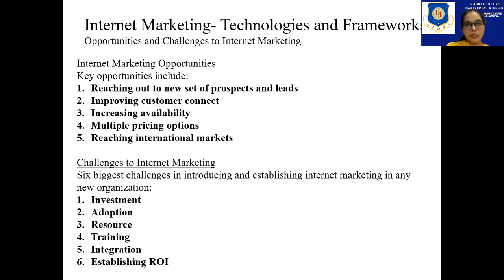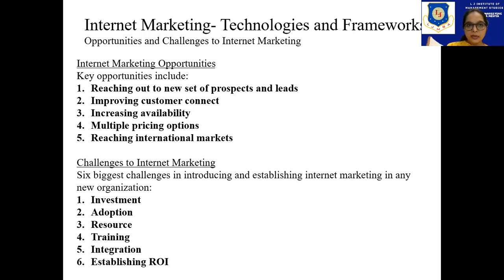Moving ahead, what are the opportunities and challenges of internet marketing? So when I'm talking about digital marketing or internet marketing, what are the key opportunities related to it? Reaching out to your prospect or to the target audience becomes very, very easy, right? Targeting even an individual person in terms of digital or internet marketing becomes very easy because of the gadget cookies, or with the help of gadget IP address, or contact numbers, or email ID, right?